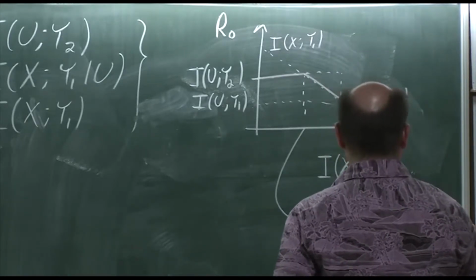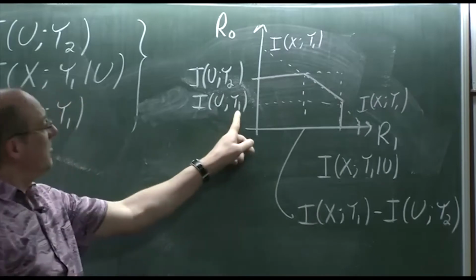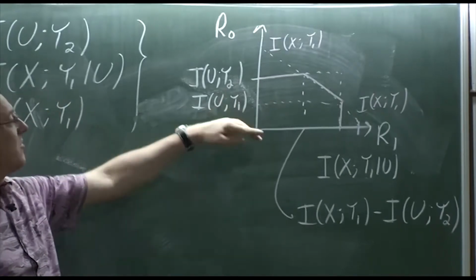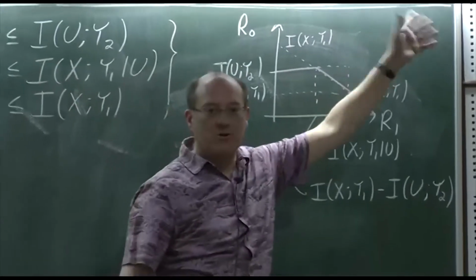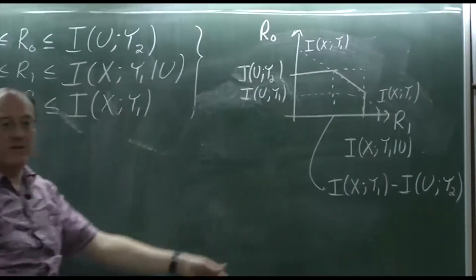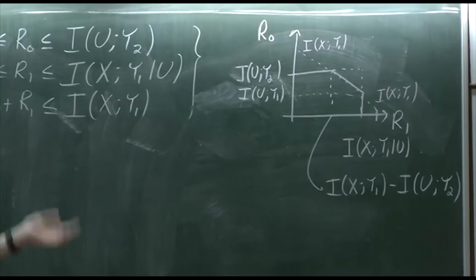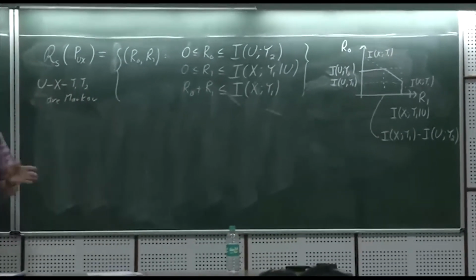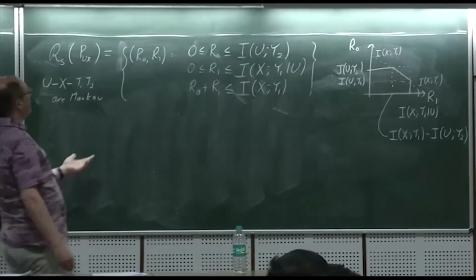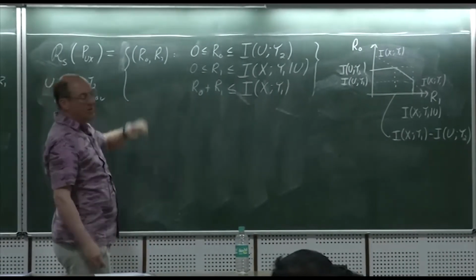In particular, if the channel to Y1 is better than the channel to Y2, this will lie above, and that's when this curve won't play a role. But in general, it does play a role, right? So this coding scheme is for any channel. It doesn't have to be for channels where one is worse than the other. We can always apply this method. And here we decided to apply it to the method without a rate R2.